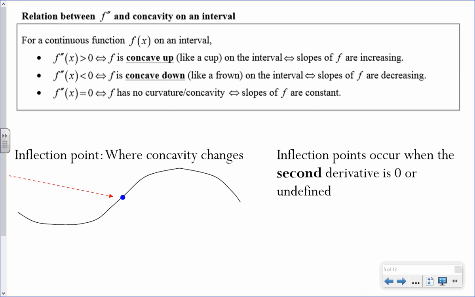Now, we talked about yesterday, just because we have a critical number doesn't mean we're going to have a minimum or maximum there, right? We saw that yesterday with that last example. Same thing here. Just because we have a second derivative that is undefined or 0 doesn't mean we will have an inflection point.